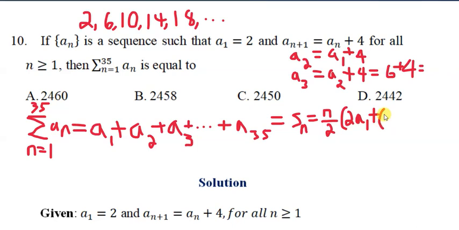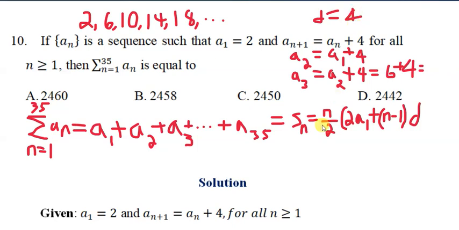We know this formula for the sum of an arithmetic sequence. Now we have everything. We have the first term, we have n, which is 35, and we have the common difference, d, which is 4.